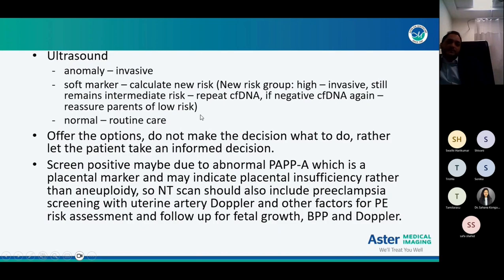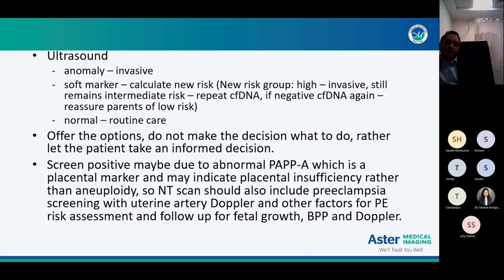So many things we are discussing here: invasive testing, NIPT, combined testing, quadruple test, double markers, or neurological markers. So what are we going to do with the patient? Which one will we decide to do? It is not up to us to make the decision. We'll just offer, okay, these are all the options and which test can give what result. For example, if the patient wants to be very sure whether the aneuploidy risk is there or not, the patient wants a confirmatory test, then they can go for invasive testing.